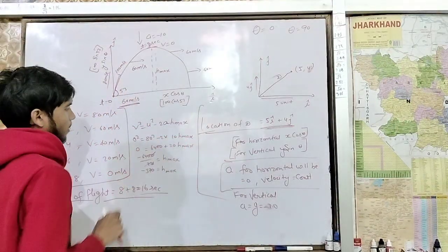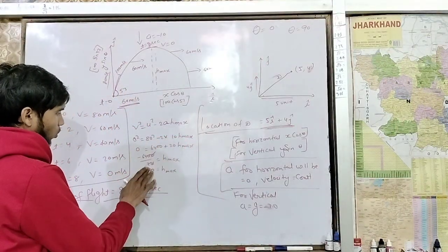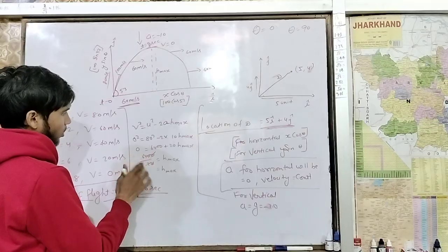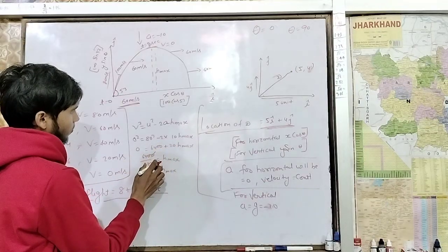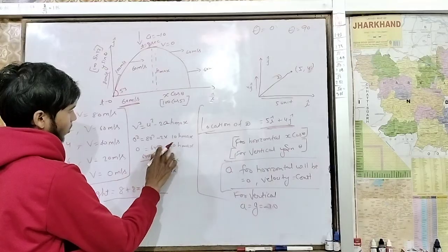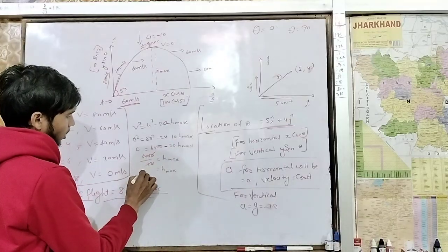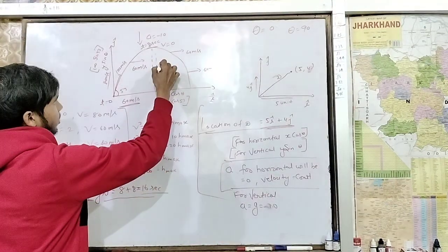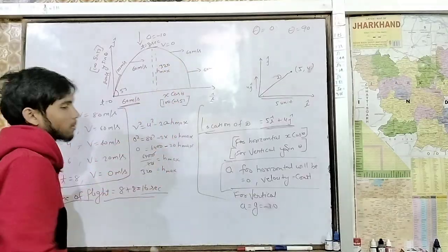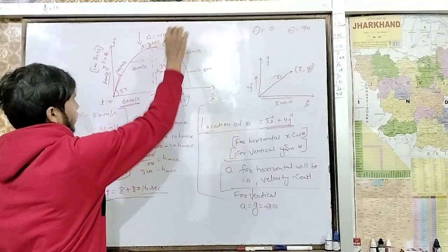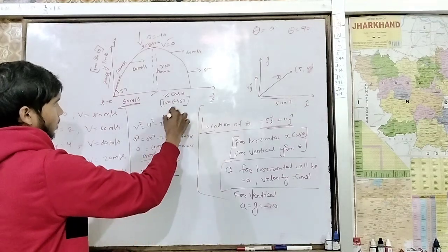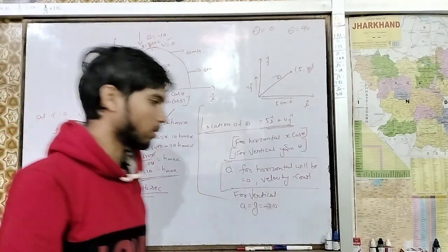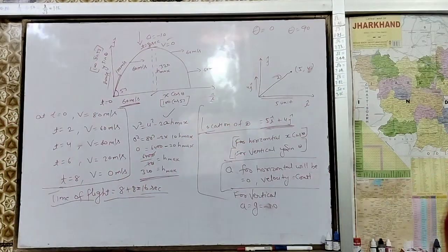So you will get the maximum height, how much? 320. So this is 320 displacement from ground till the maximum height. You will get this displacement when this formula, the third equation of motion, is used.